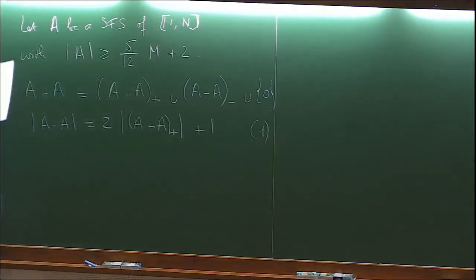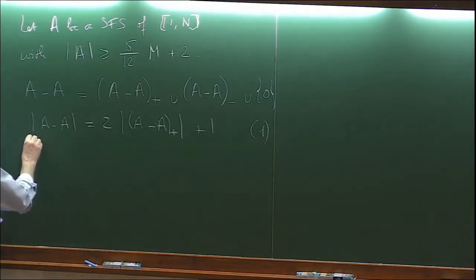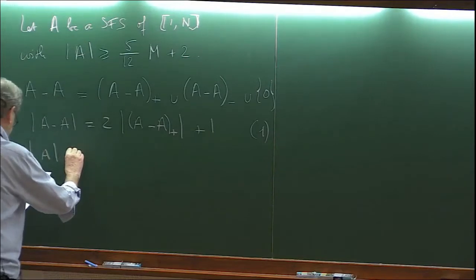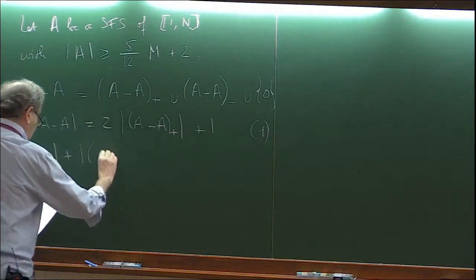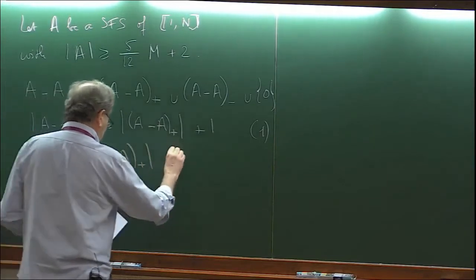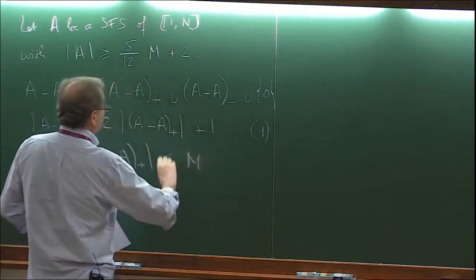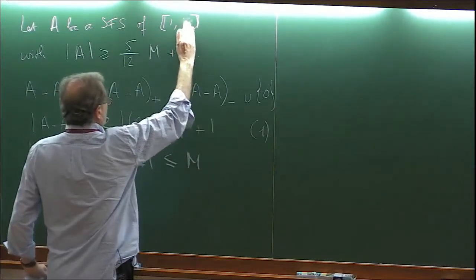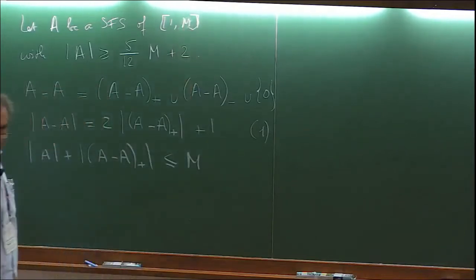So since you know that A is sum-free, you have the following: A plus and A minus A plus, those two sets are disjoint, and you can say that you go up to capital M. By the way, this will be the same thing. No point to consider larger elements.